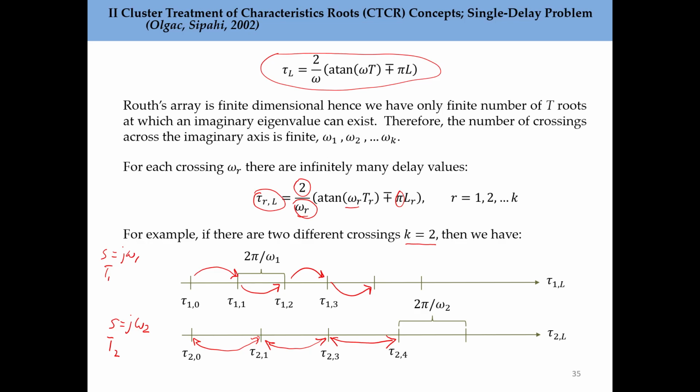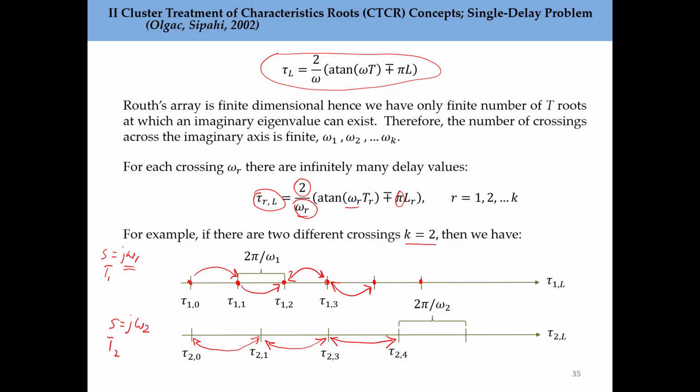Just to recap, if the period is small, meaning the crossings at j omega 1 will happen with delay values that are very densely packed because the distance between them is small, it's like a clock clicking very quickly. There are going to be crossings over the imaginary axis back and forth, back to back, as the delay value increases from 0 to a certain value.